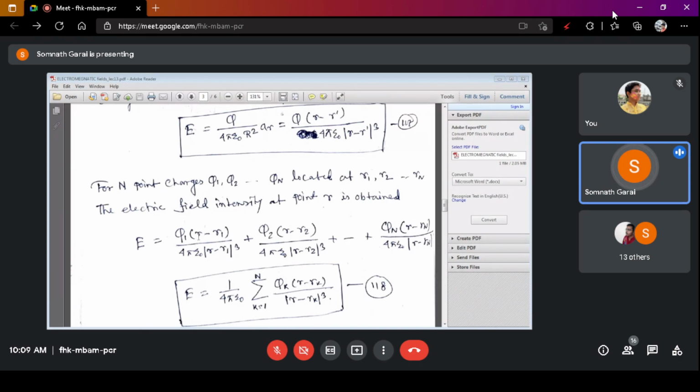So the distance with respect to R is R minus R1 for the first point charge. The electric field intensity of the first point charge is given by Q1 into R minus R1 whole divided by 4 pi epsilon naught mod of R minus R1 cube.